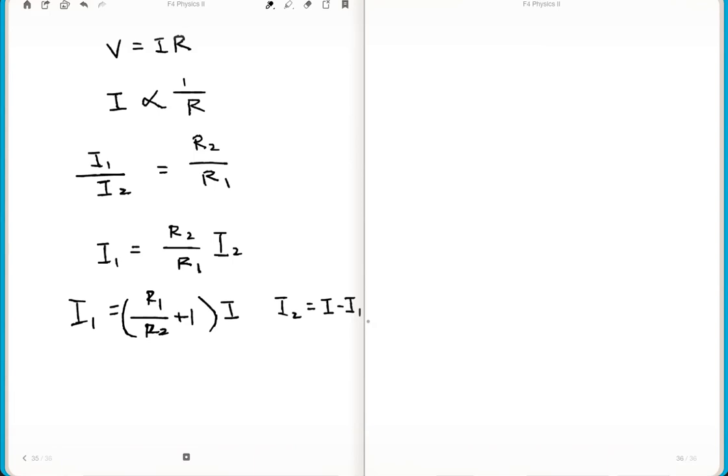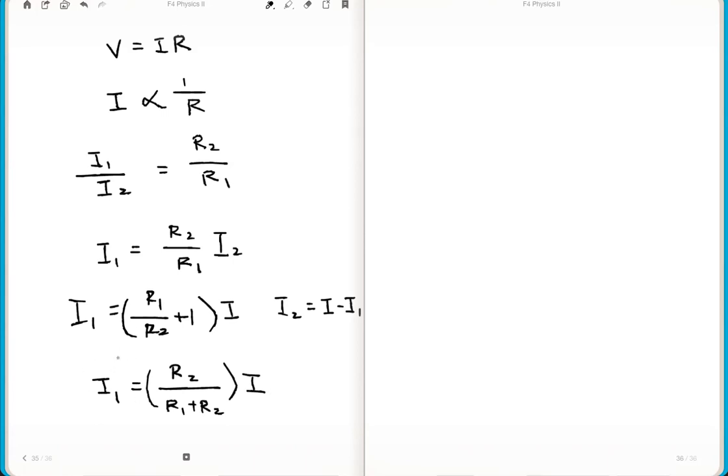You substitute this into here. You should be able to get this result. Then you simplify further. Therefore, your I1 will be equal to R2 over R1 plus R2 times the total current.